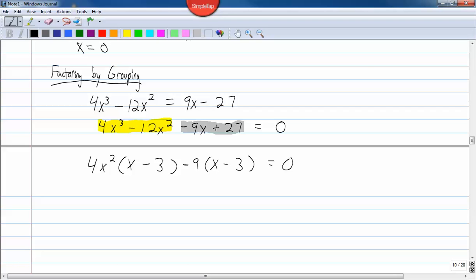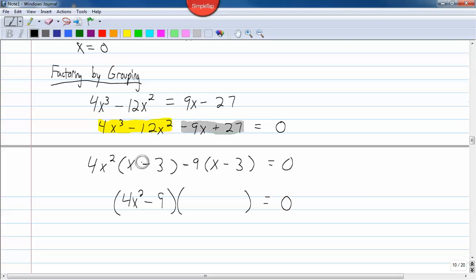Okay? So the way this factors, you make 2 sets of parentheses side by side, just like you would if you were factoring a quadratic. In one set of parentheses, you need to put what's on the outside of these 2 sets of parentheses. So you need to put 4x squared, because that's what's outside this set of parentheses, and then minus 9, because that's what's outside of this set of parentheses.